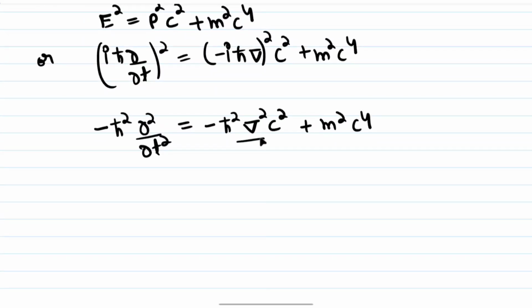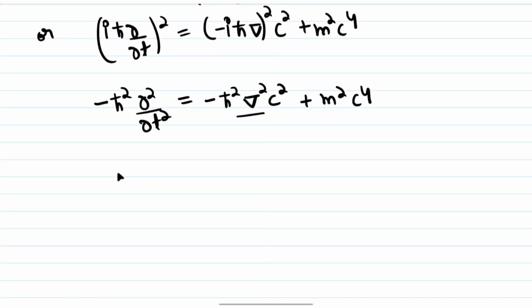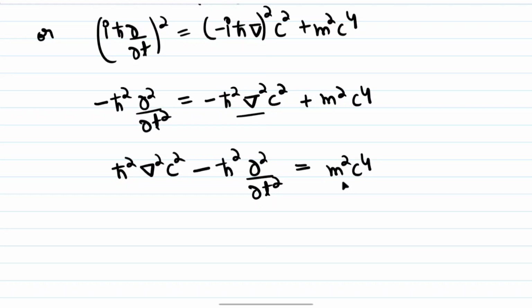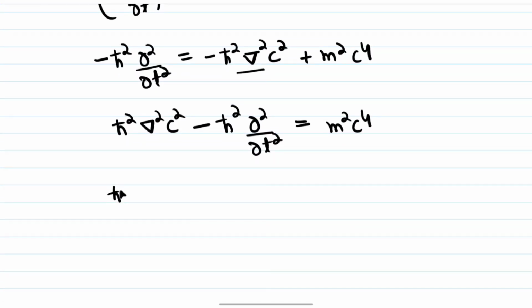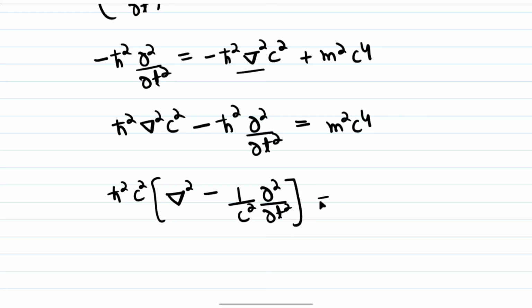We take this term to the LHS, then it becomes h cross square del square c square minus h cross square dou square by dou t square equals m square c power 4. If we take h cross square c square as common, then it becomes del square minus 1 by c square dou square by dou t square equals m square c power 4.